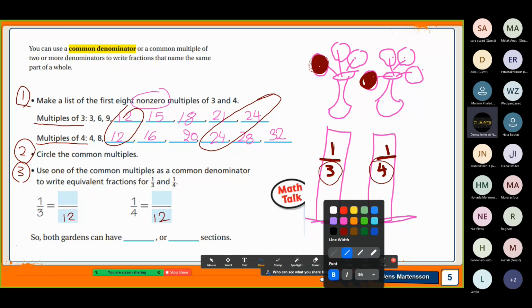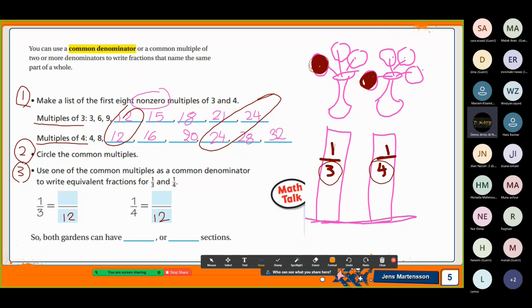Then the next step, I will ask myself, how can I make 3 to be 12? Multiply it by 4. And since you multiply the denominator by 4, you have to multiply the numerator by the same number. So 1 times 4 is? 4.